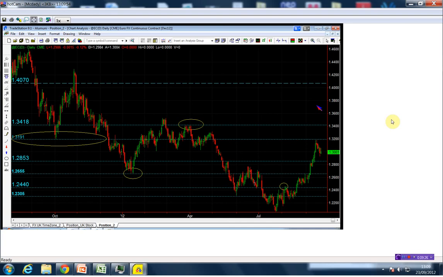It hasn't failed. The point of failure is when it breaks above this and it fails, people get dismayed and they start changing their direction, and they change their biases. But since we don't have a failure, then we're looking for continuation.